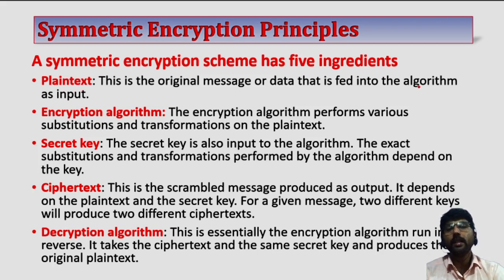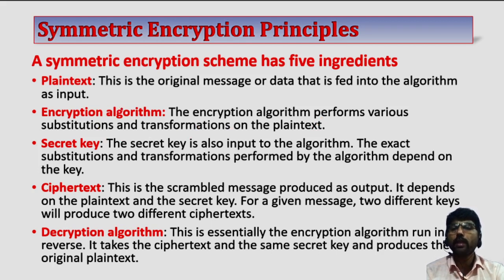Okay, and this plain text is actually given to an encryption algorithm which will scramble your data. The next one is called encryption algorithm. The encryption algorithm performs various substitutions and transformations on the plain text.